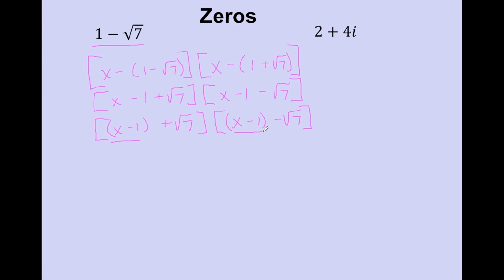FOIL, first times first. And the last terms, minus root 49. Again, you save yourself a little step. We can change the square brackets to parentheses now. Okay, hit pause, soak that all in, and you try this one. Hit pause, come back and see what you have.